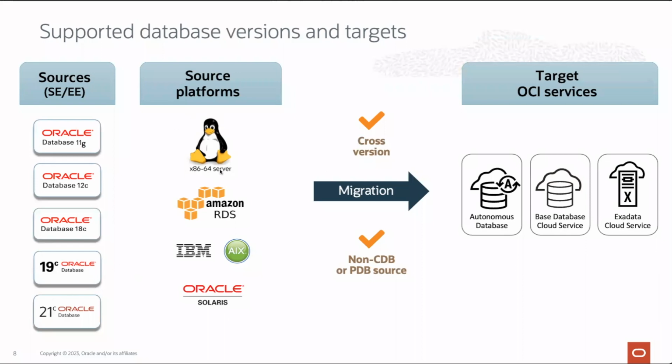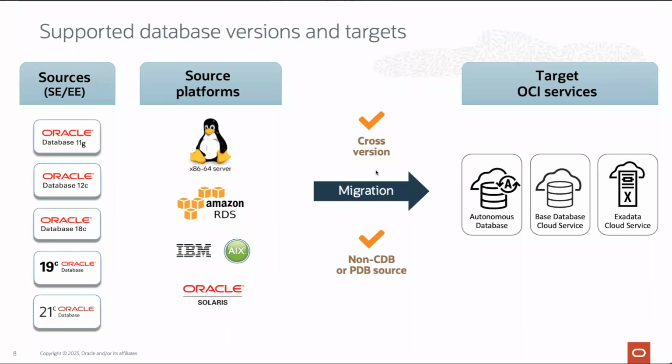And as source platforms, we can have Linux running on x86. We support Amazon RDS as a source. We support AIX and also Solaris. And of course, we also support OCI source platforms. So you can also use DMS, for example, to migrate a database running on base database service to Autonomous database.